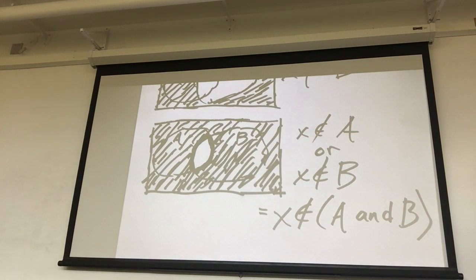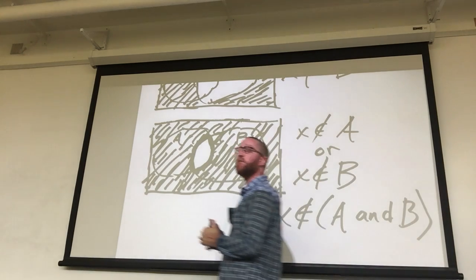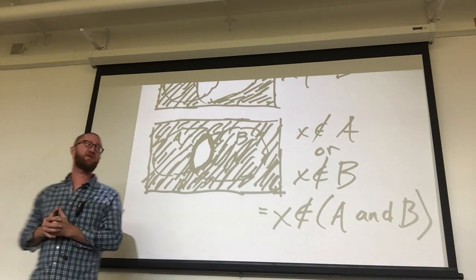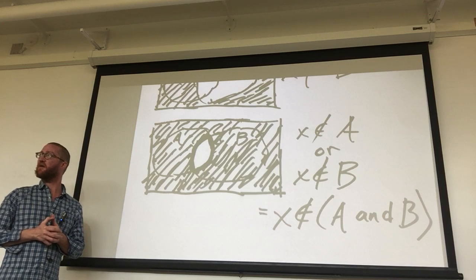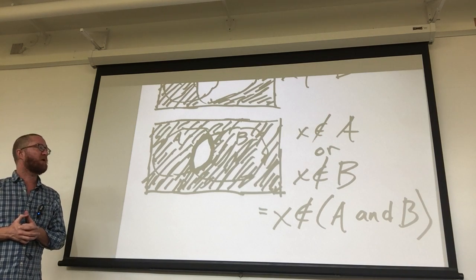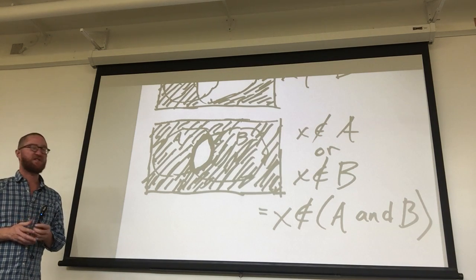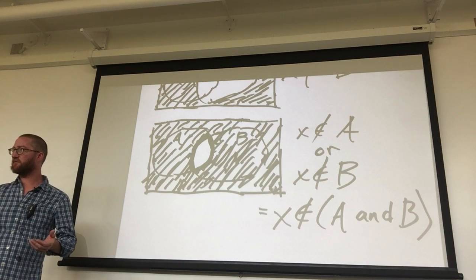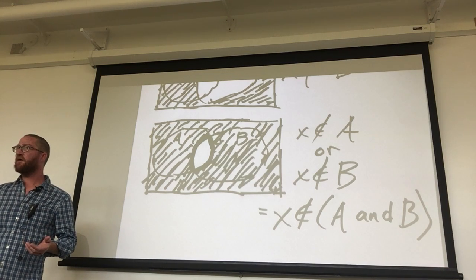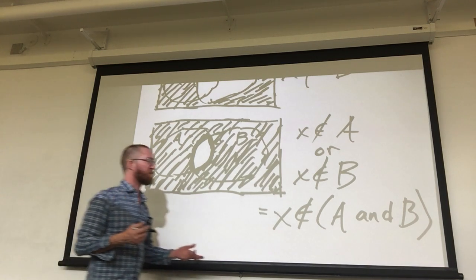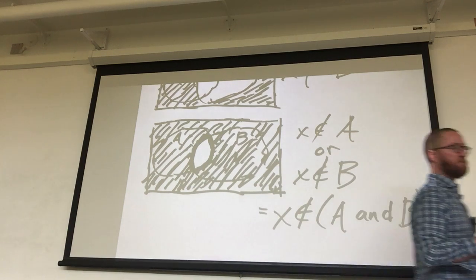So that means that X is not in A and B. Okay, and we talked about this earlier in the semester about the negation of a statement. And so if I was going to say the negation of a statement, okay, so I was going to say A and B, okay?